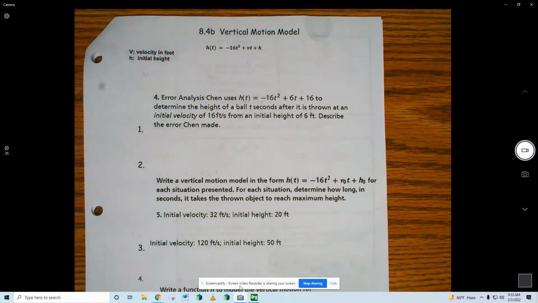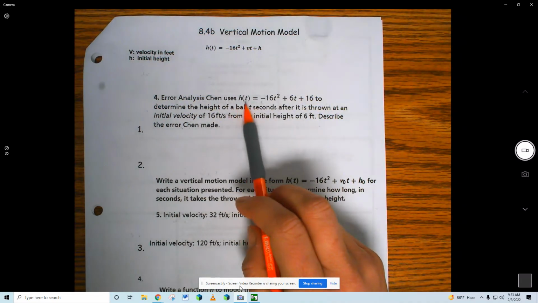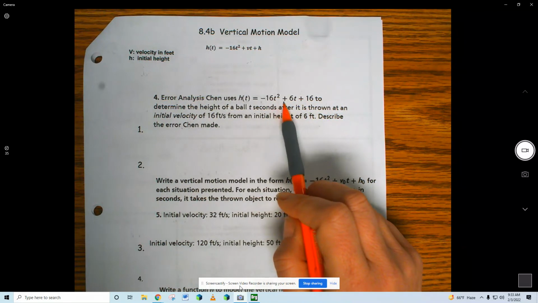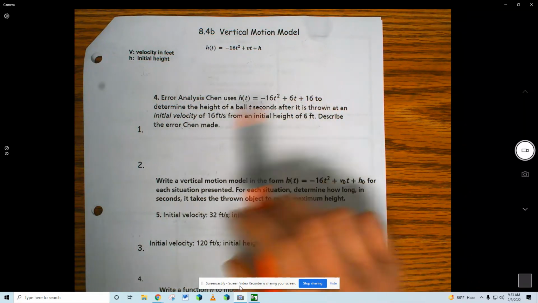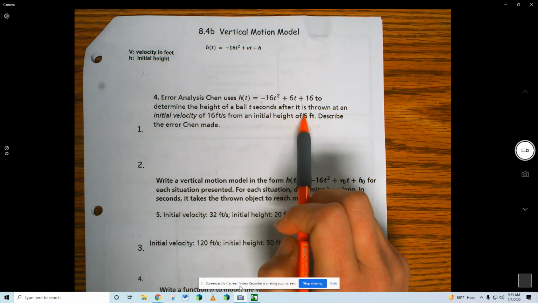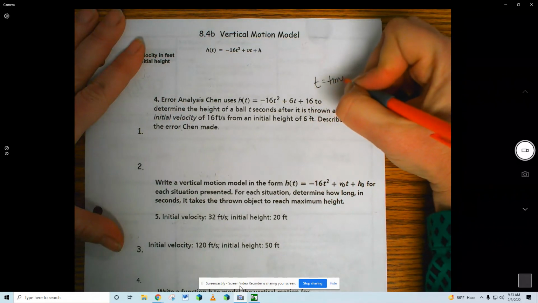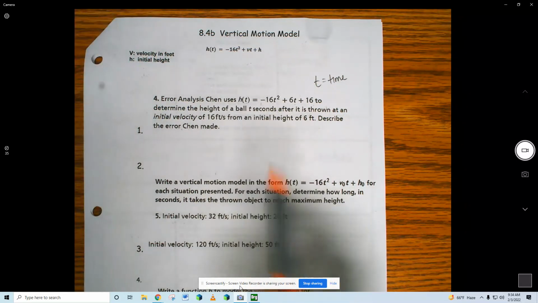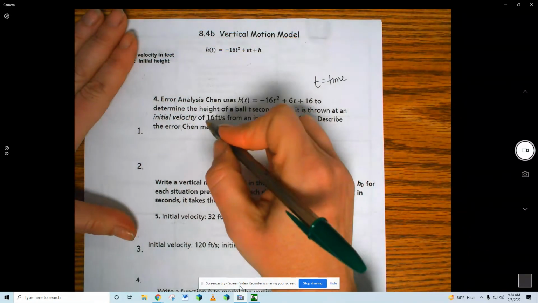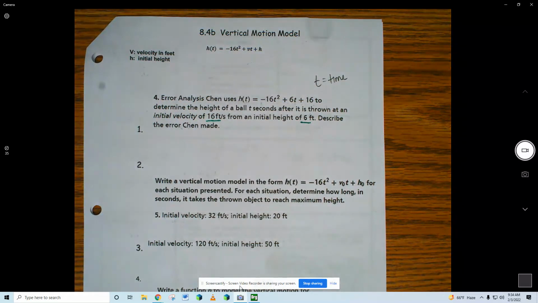Chen uses the height of an object, negative 16t squared plus 6t plus 16, to determine the height of a ball t seconds after it's thrown. So t means time. Chen says that the initial velocity is 16 feet and that the initial height is 6. Describe the error that Chen made.